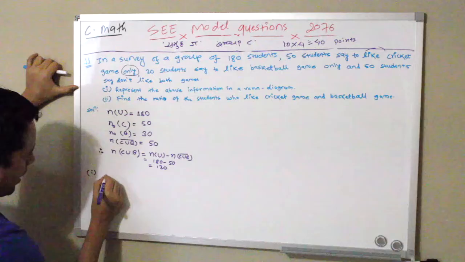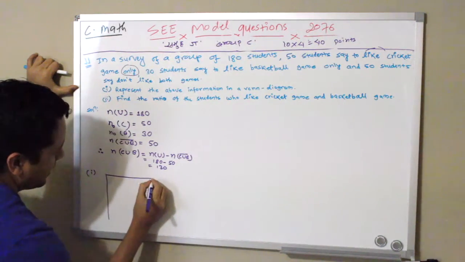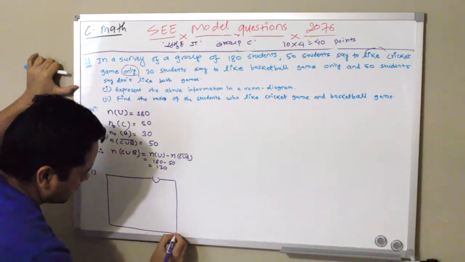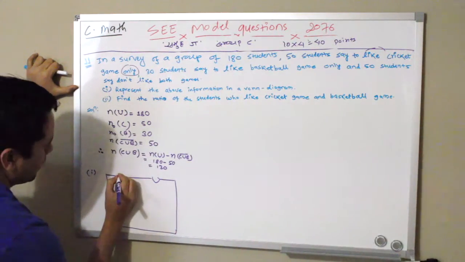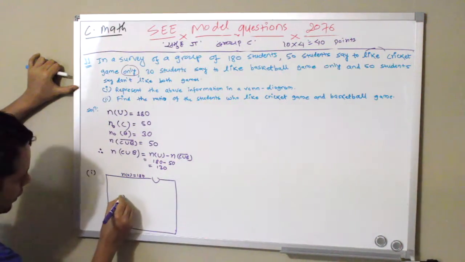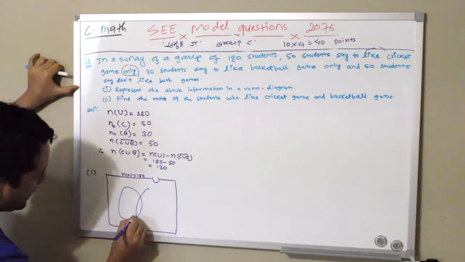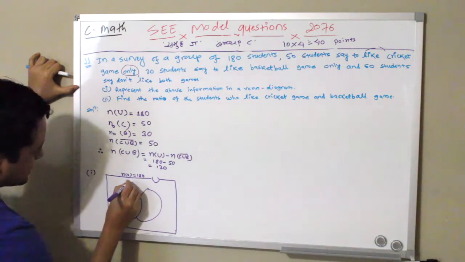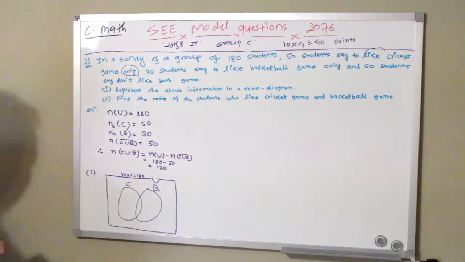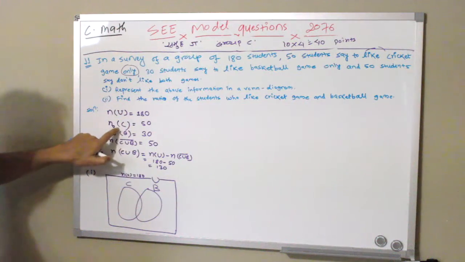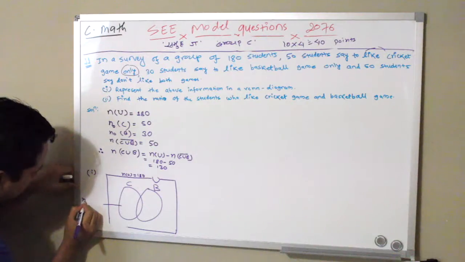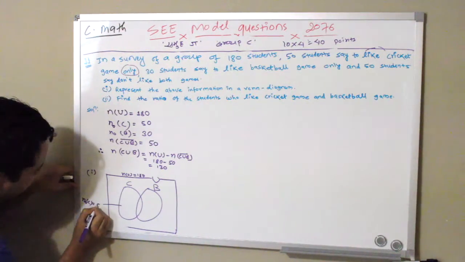Now, let me do question number 1. Represent that in the Venn diagram. This is the universal set, so n(U) is 180. We have C and B, C is cricket and B is basketball. Now write down all the information. How many like only C? Only cricket, which is 50.